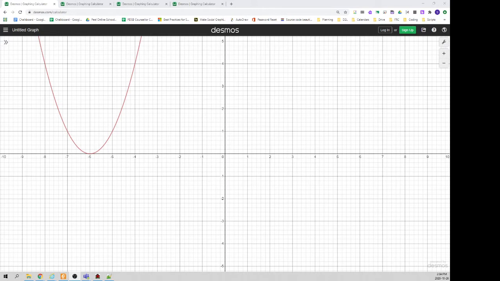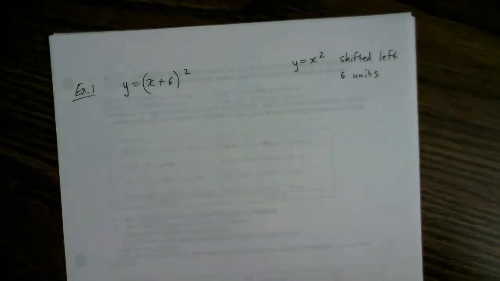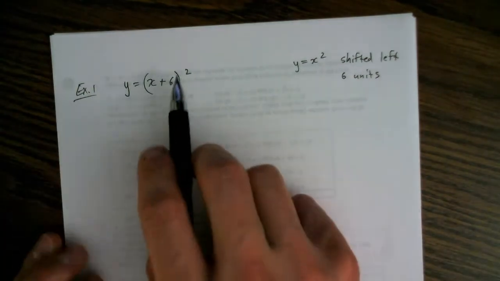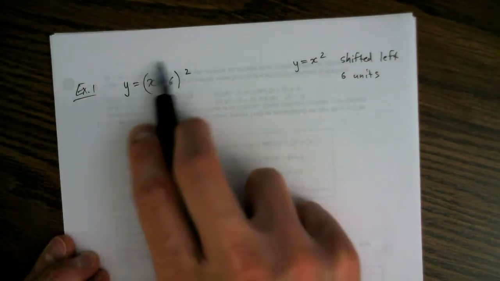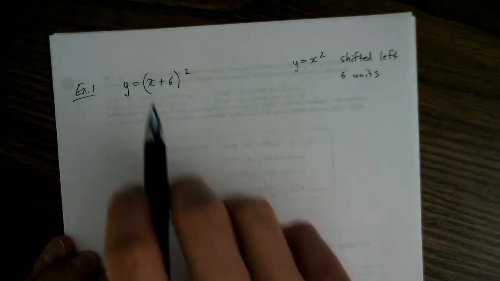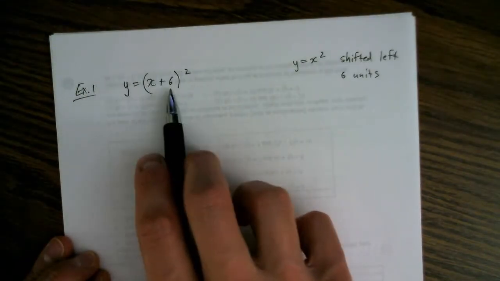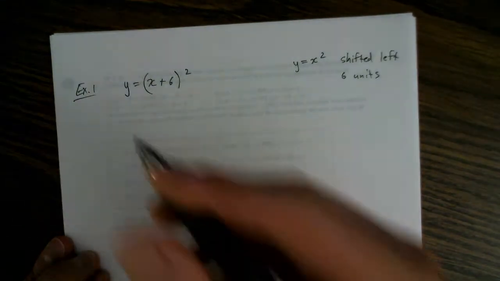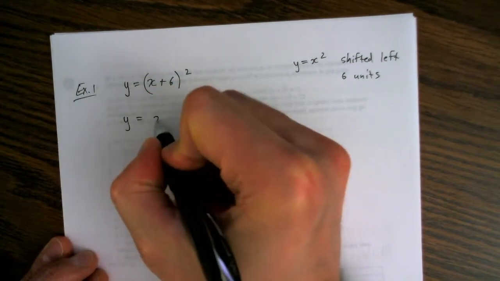Now we can rewrite this quadratic relation by expanding this right-hand expression. This looks like a binomial to us, and it's being squared. If we expand that, we'll get x squared.